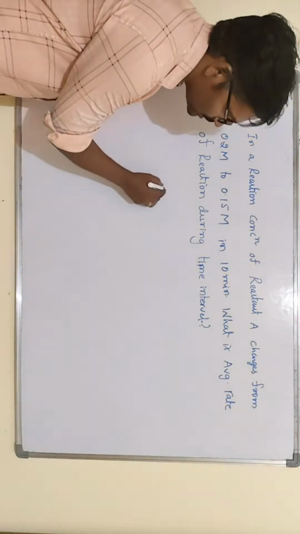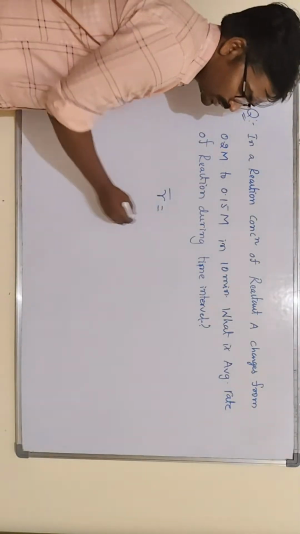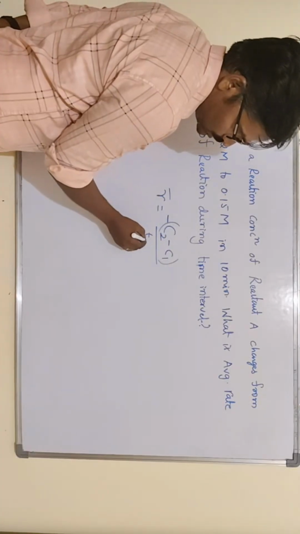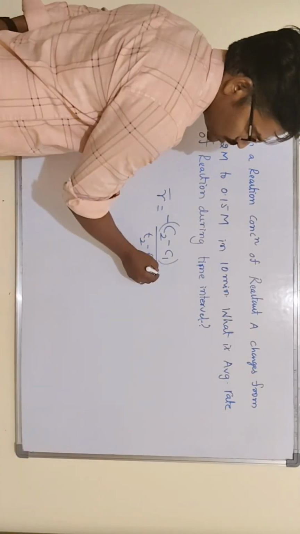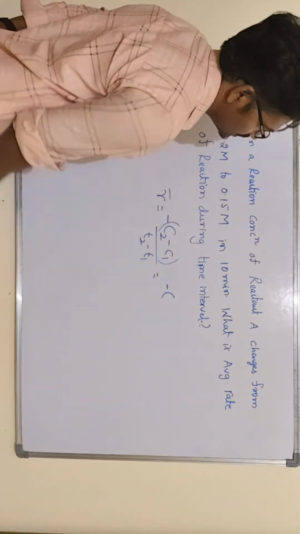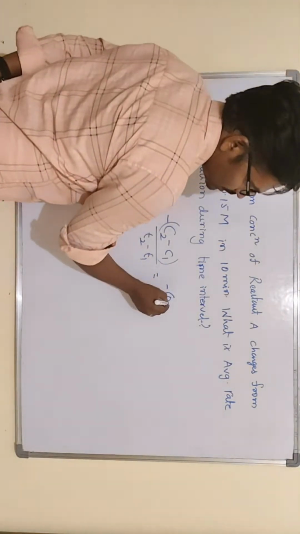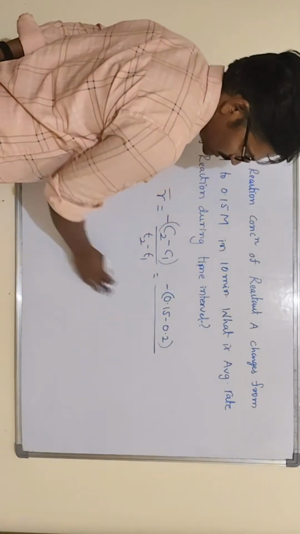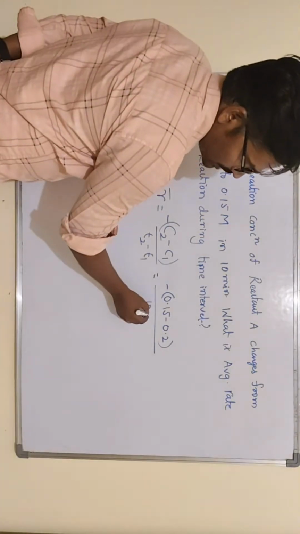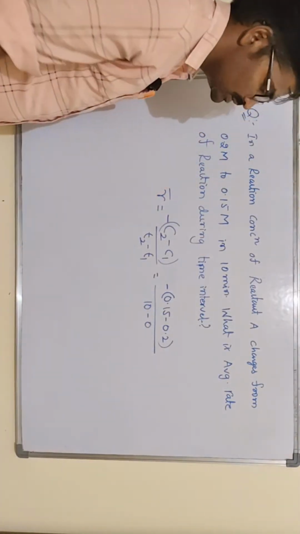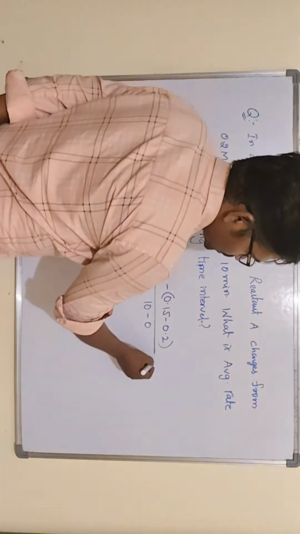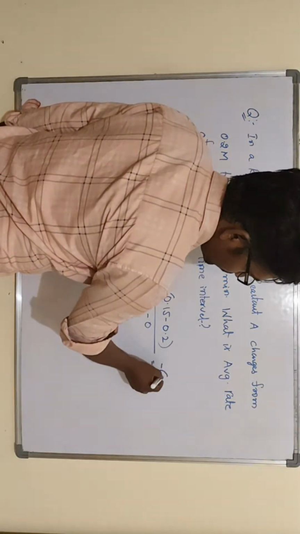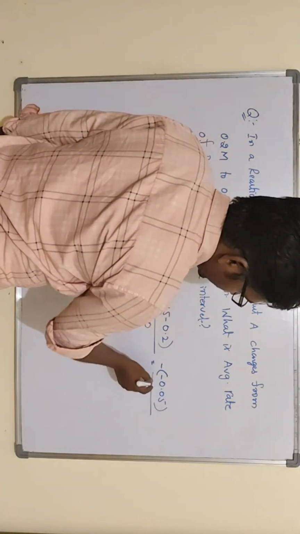So the average rate of reaction equals minus of C2 minus C1 divided by T2 minus T1, right? So what will C2 concentration be? 0.15 minus 0.2 divided by T2, 10 minutes, minus 0, from 0 to 10 minutes. Then you get minus of minus 0.05, divided by 10.